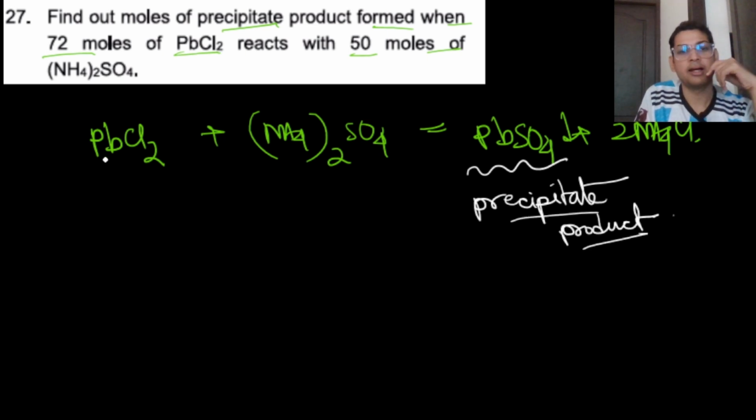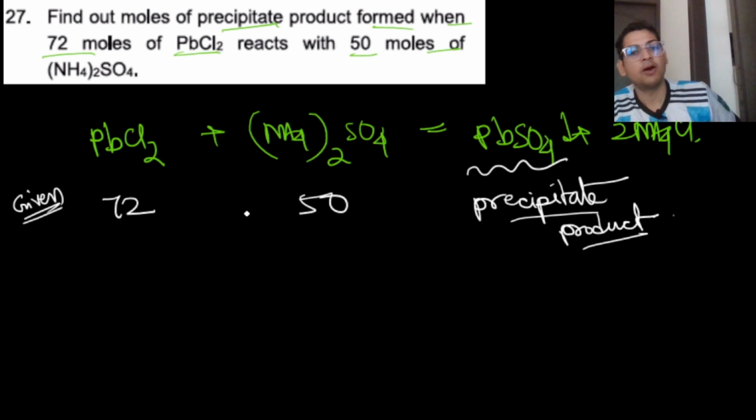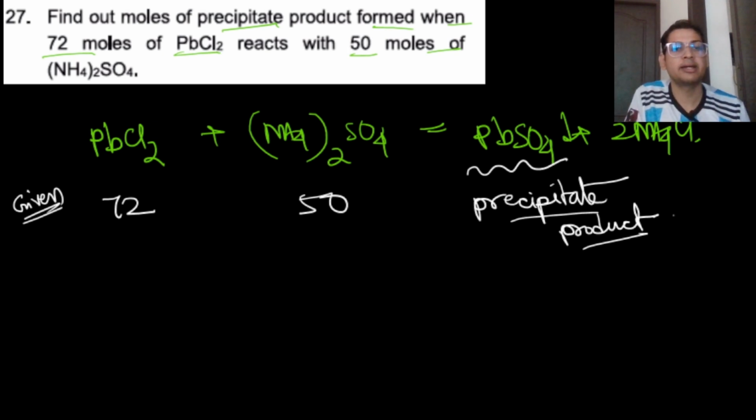You see, PbCl2 is given 72 mole, and (NH4)2SO4 is given 50 mole. Yesterday in the classes we discussed this thing. So you see, 1:1 relation, right?